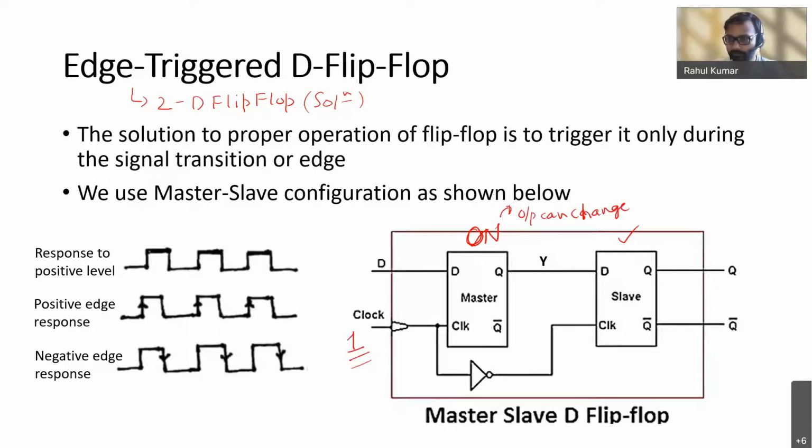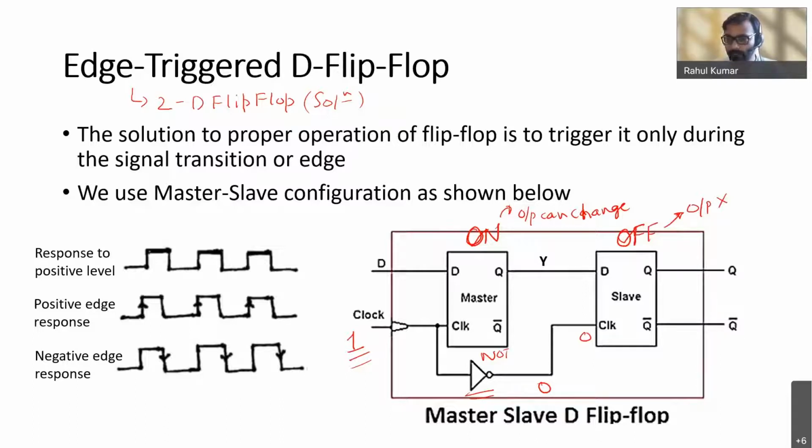But since you have a NOT gate connected, it will invert whatever the clock pulse is. So your slave flip-flop will be off. That means the output of your slave flip-flop cannot change, right?